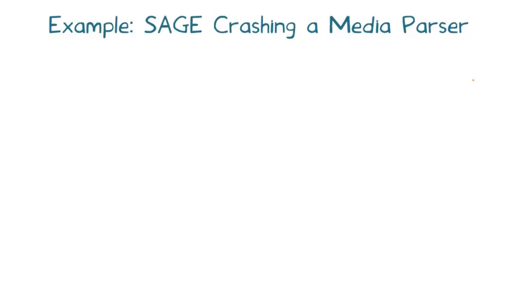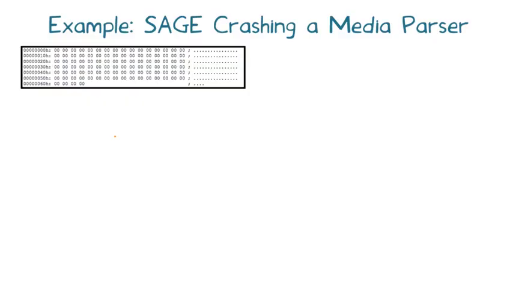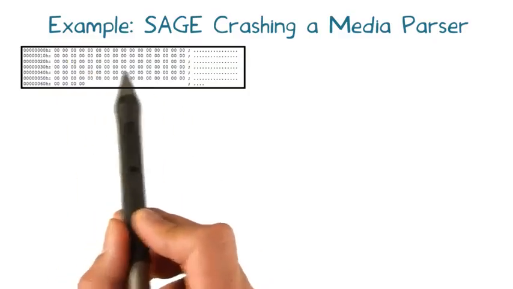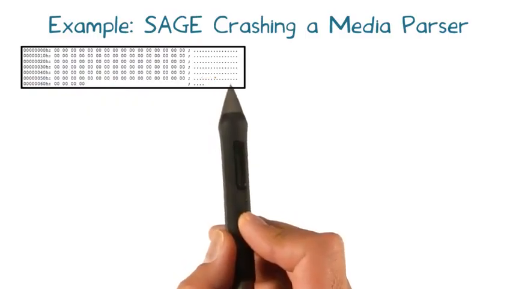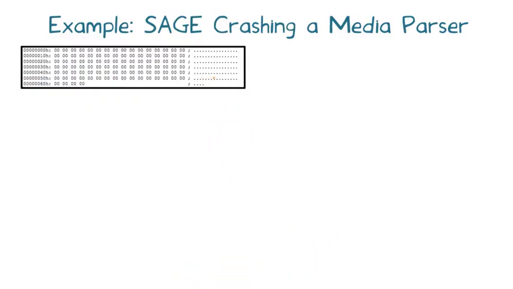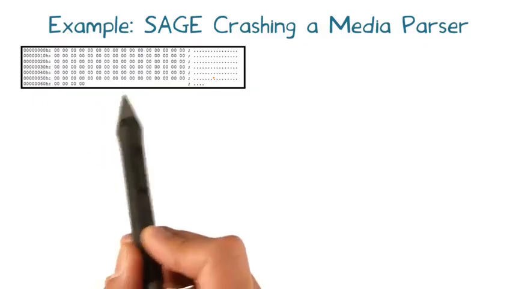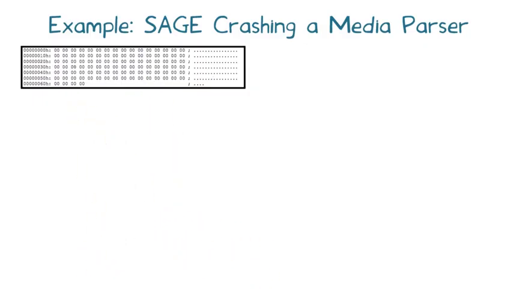Let's look at an example of how Sage is able to crash a real media parser application. Sage begins with an input media file that has 100 0 bytes. The contents of each byte are indicated by 2 adjoining zeros. A human-readable form of each byte is also shown here on the right. In each successive iteration, Sage replaces a subset of these bytes with characters that it obtains by solving the path constraint of an execution of the media parser.